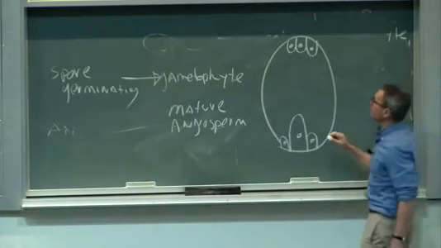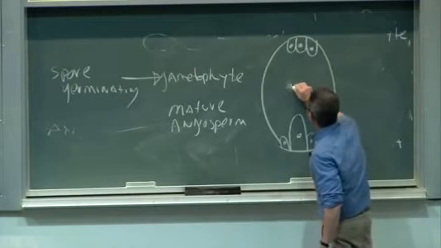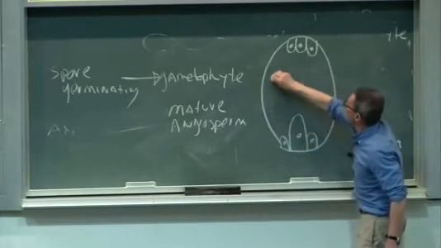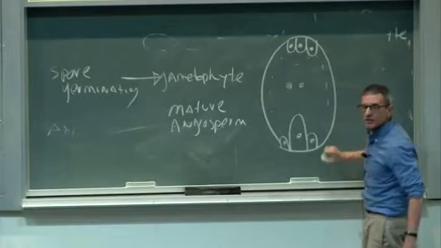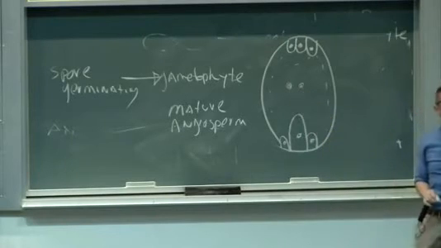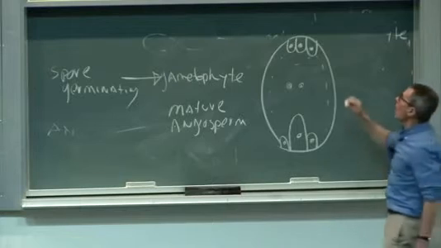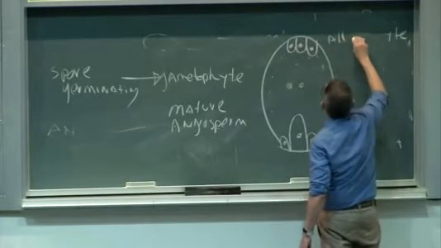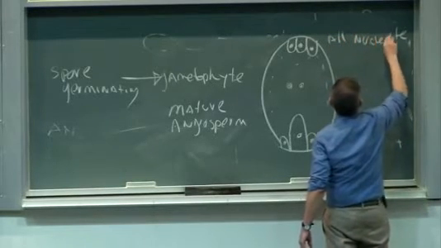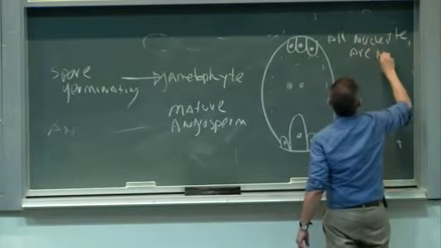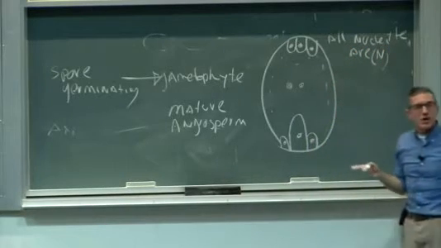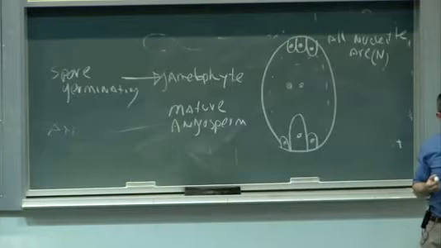And then in the very center, we have this very big cell, which contains 2 nuclei. All the nuclei are N. They're all haploid because they all come from the spore.